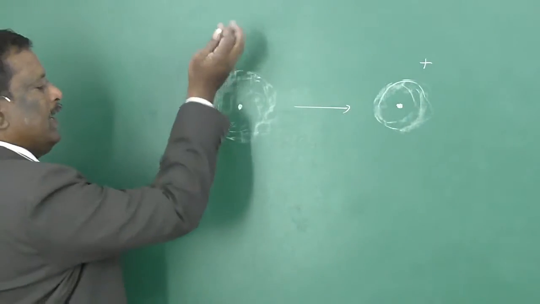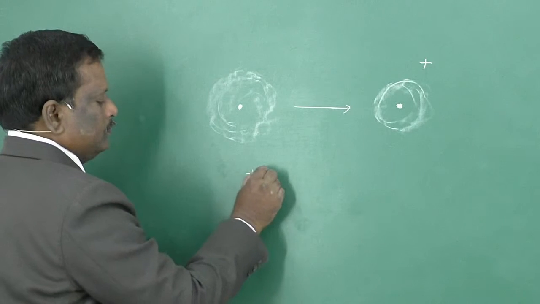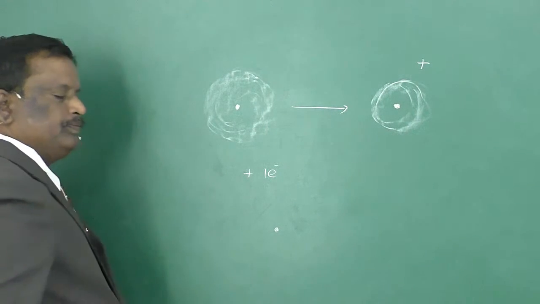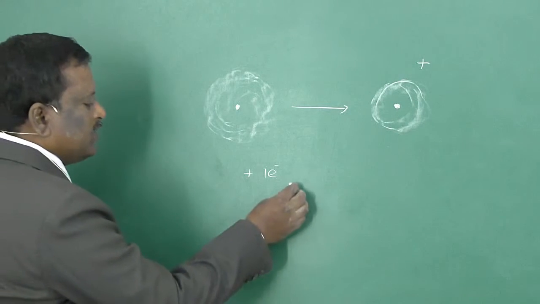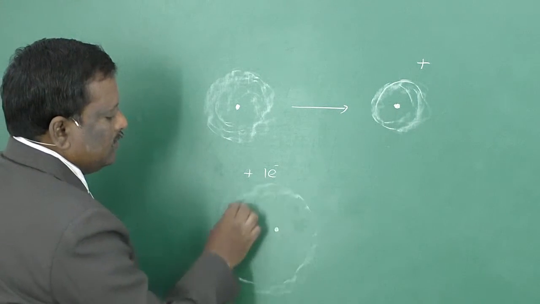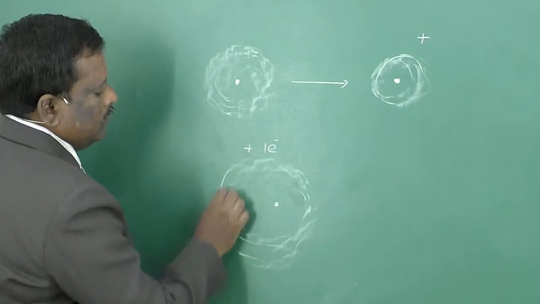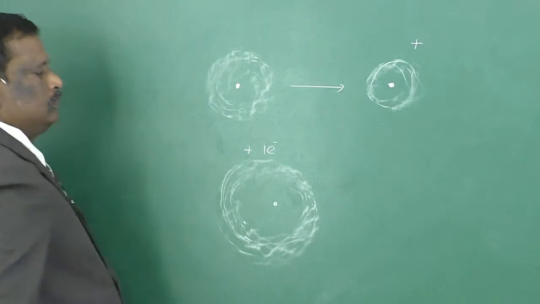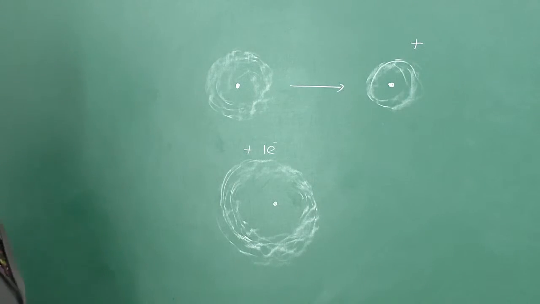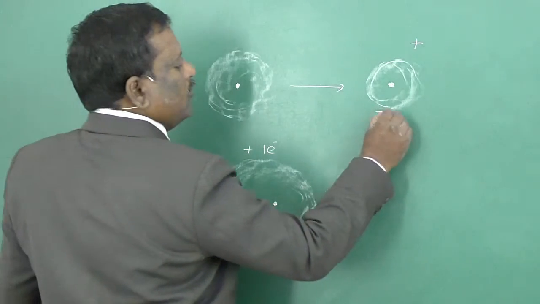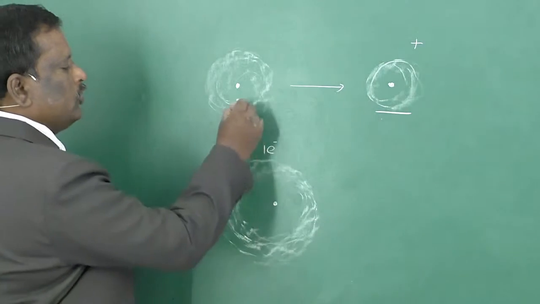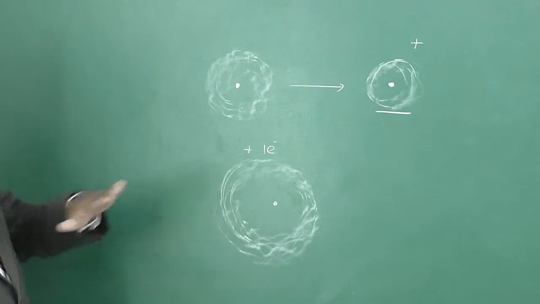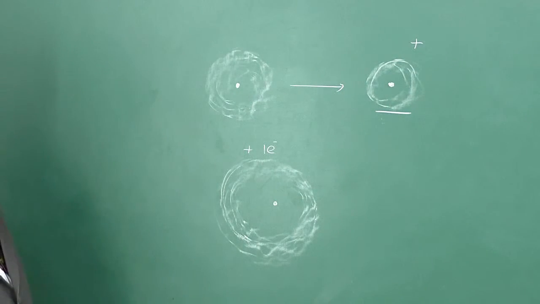Suppose we add one electron to this, then it forms a negative ion. This negative ion's size is larger than its neutral atom. Positive ion is smaller than its neutral atom. Negative ion is larger than its neutral atom.